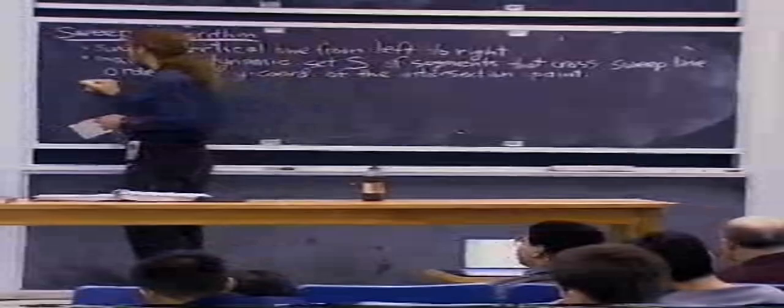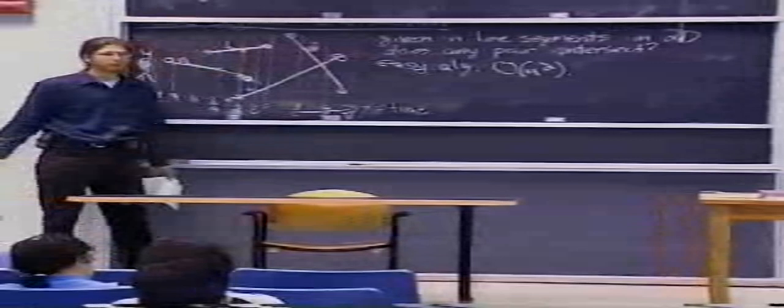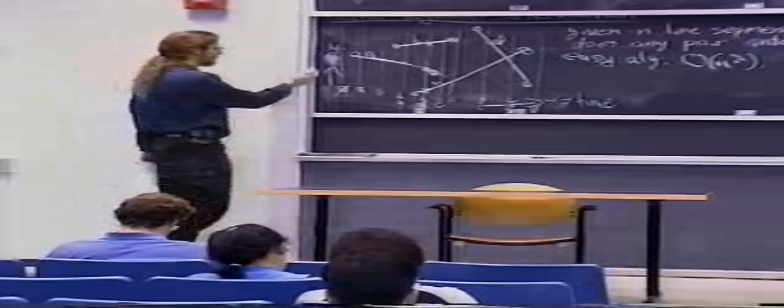The question is, when does the order change? What I've described is this nice continuous process where the line goes smoothly from here over to here. But algorithms in computers are discrete. They do a finite number of things. They can't do a continuous sweeping. But I don't care about the continuous sweeping, right? From here to here, nothing changes.